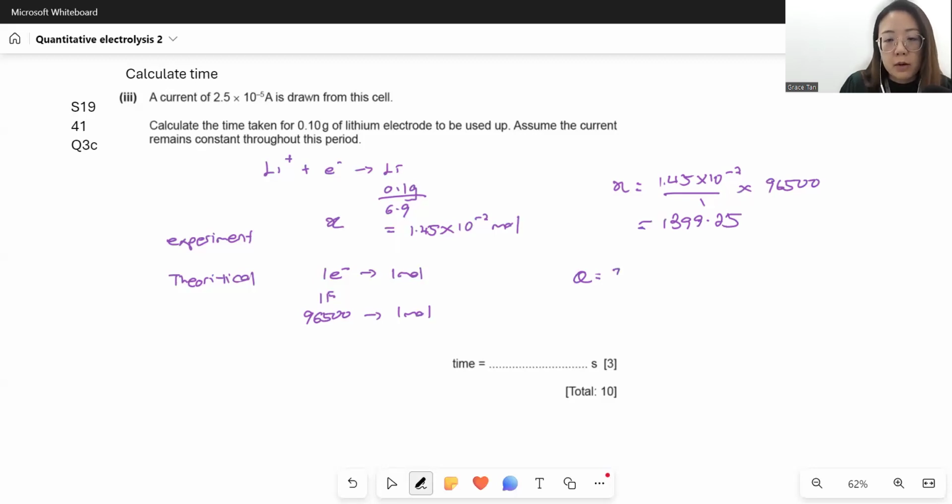So Q equals IT, which is 1399.25, which is also I times T. Since the ampere given in the question is 2.5 times 10 to the power negative 5, the time is 1399.25 divided by 2.5.